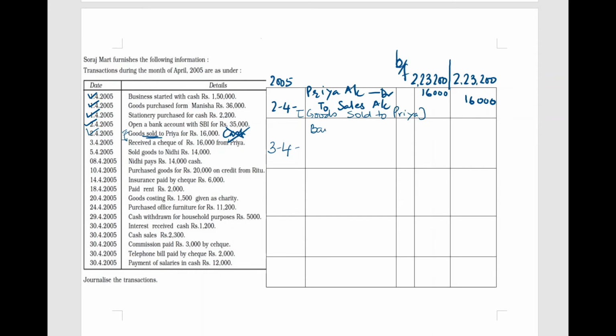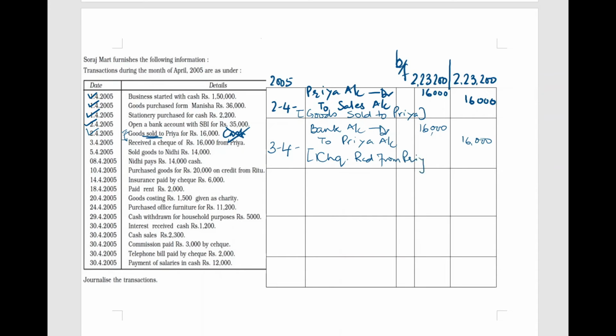So you will say bank account debit to Priya account, because Priya is paying. The amount is 16,000 and 16,000, and since it is bank, we can say check received from Priya.